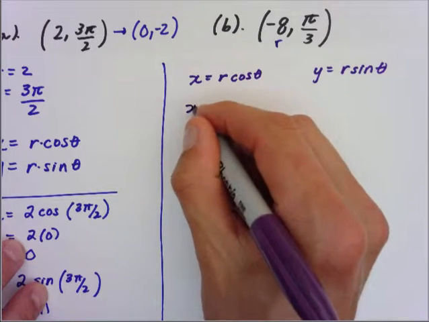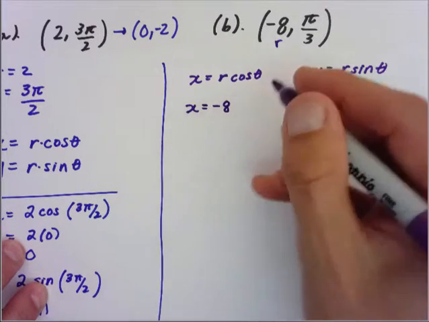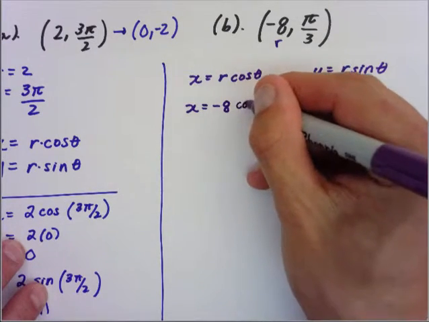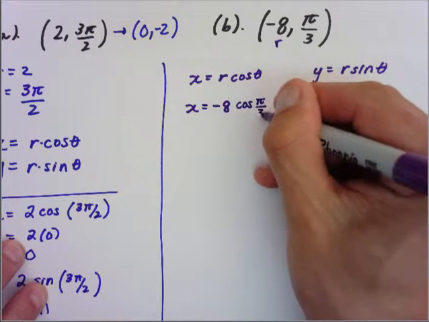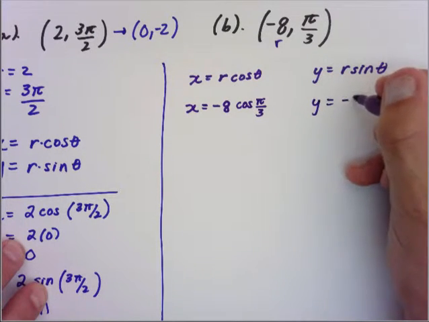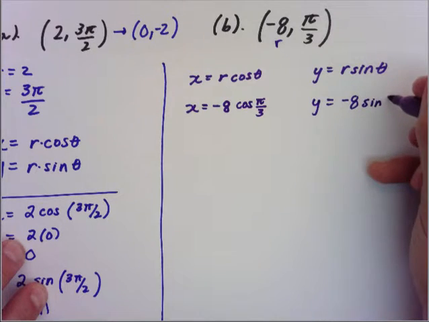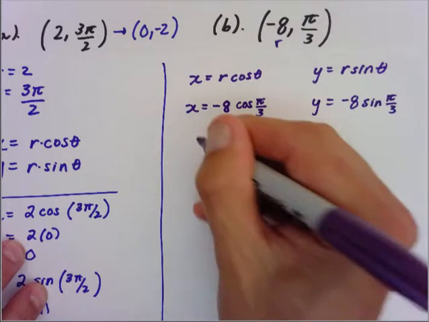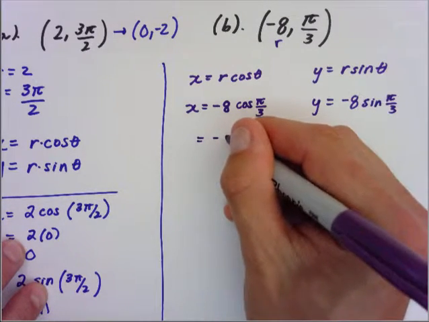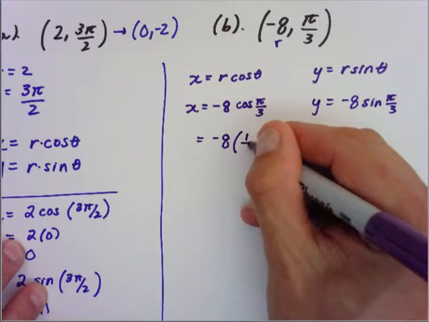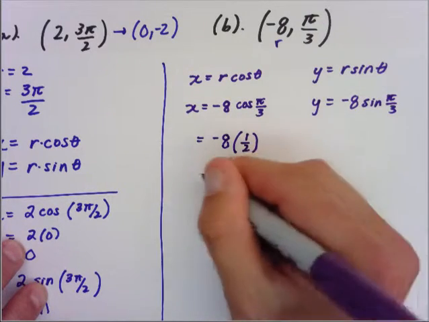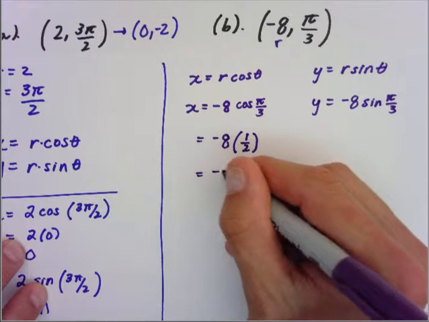By substitution, x equals negative 8 times the cosine of pi over 3. Y is going to equal negative 8 times the sine of pi over 3, or 60 degrees. So you're going to have negative 8 times 1/2, that's the cosine of pi over 3, and that's going to equal negative 4.